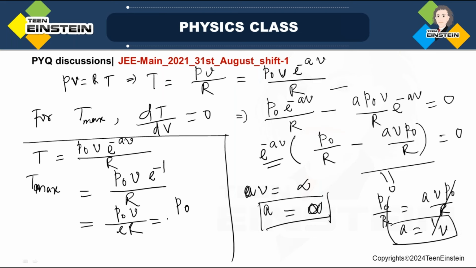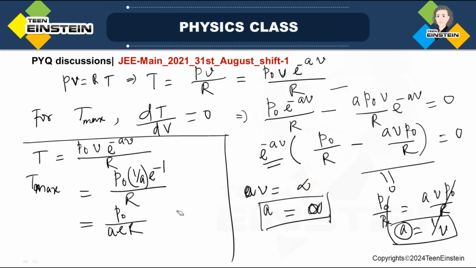So this is P0 times 1 over A, and e to the power minus 1 only, so this is going to be P0 by A e R. So what is the value of this T max?